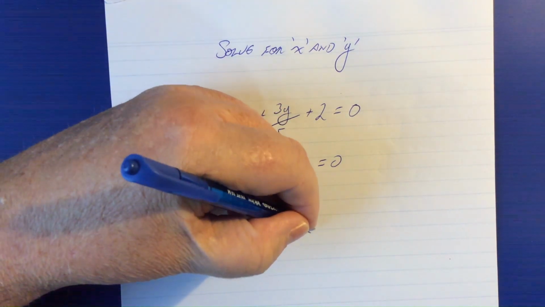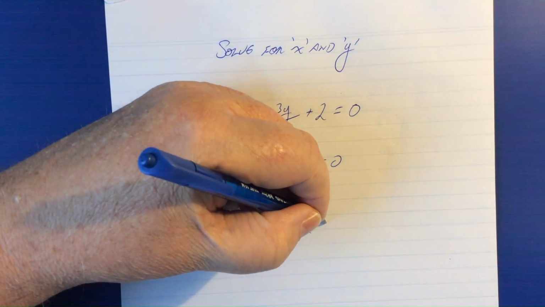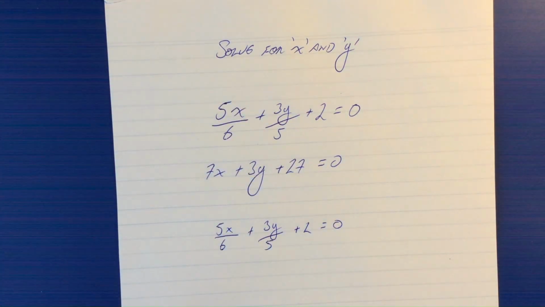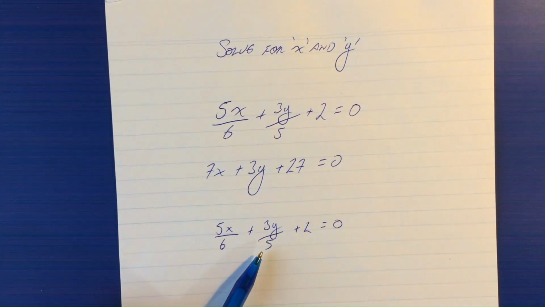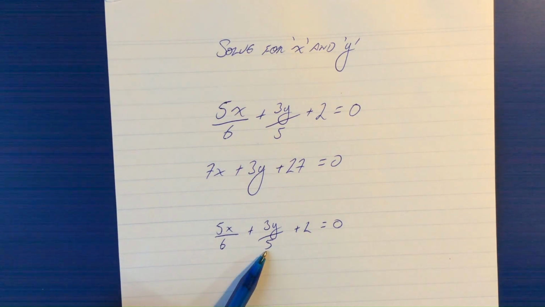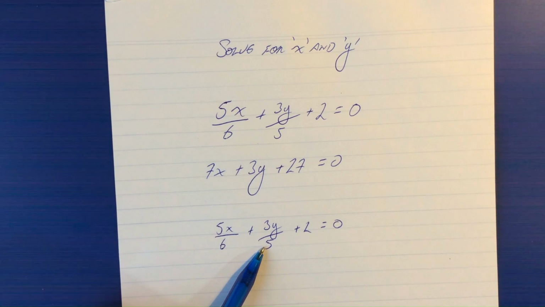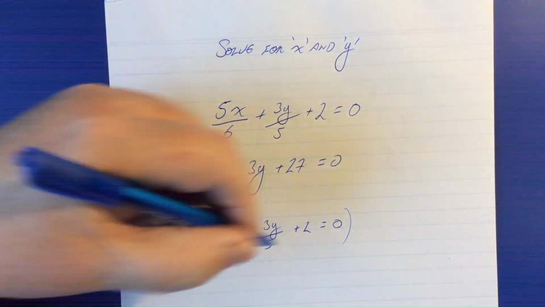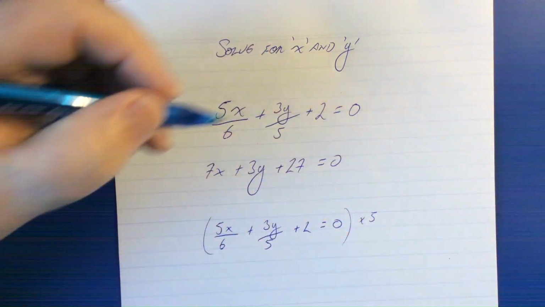And I'm going to do it in two steps. I'm not going to try and be too clever here. So the first thing I'm going to do is get rid of this denominator. So I'm going to multiply this by 5.